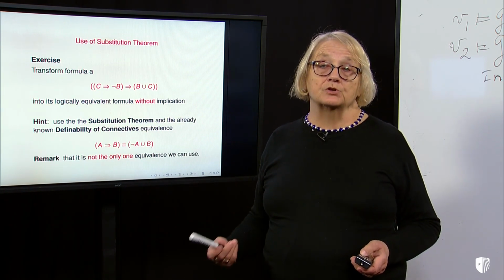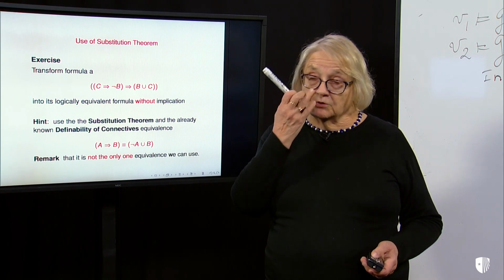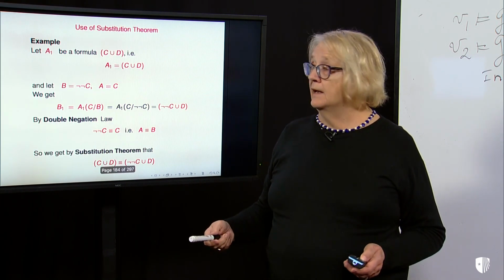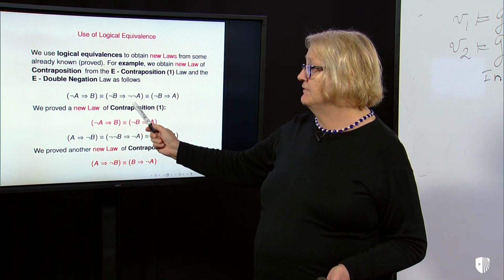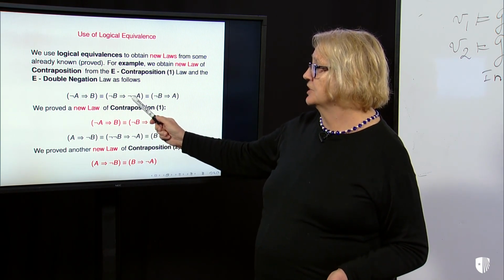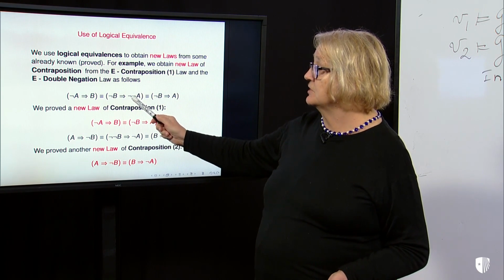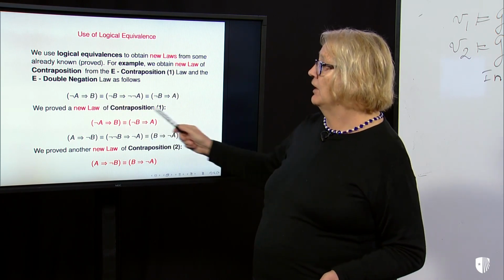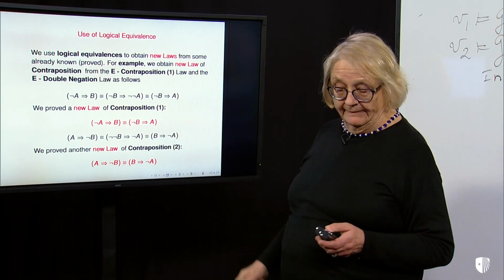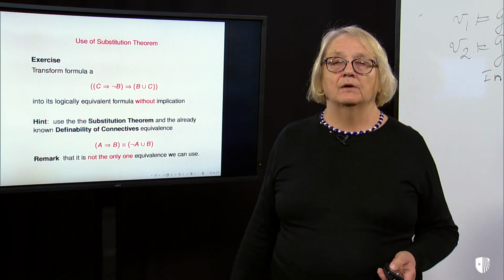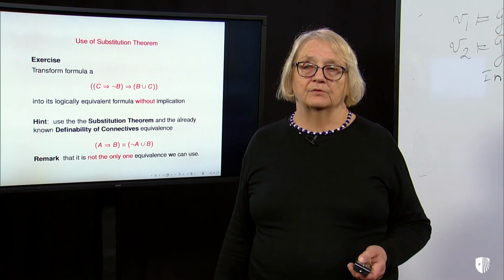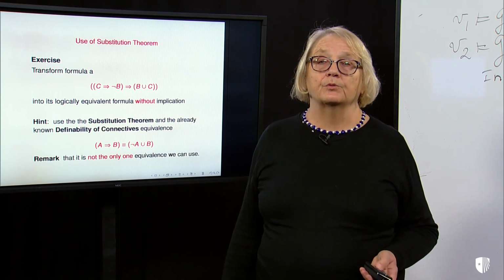So the substitution theorem shows you that if you evaluate logical equivalence and see that this is logically equivalent to that, you can substitute this by that, and everything is logically equivalent. You have to state it, and you have to obviously prove it, which is a pretty obvious proof.